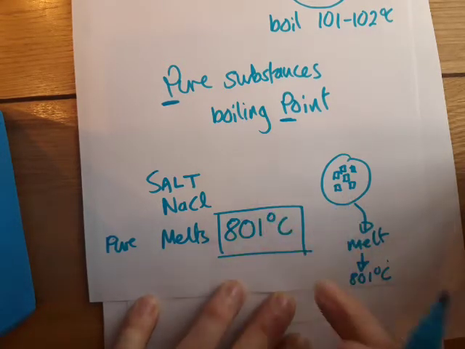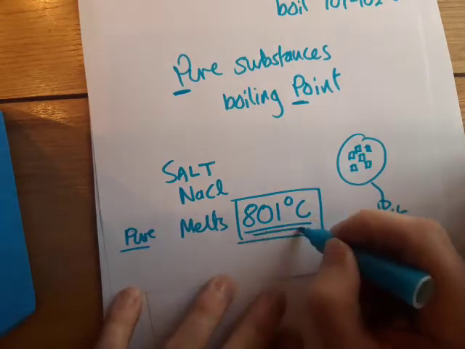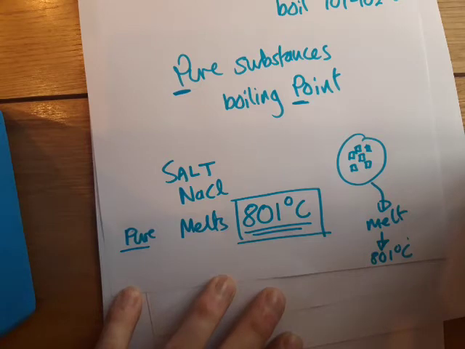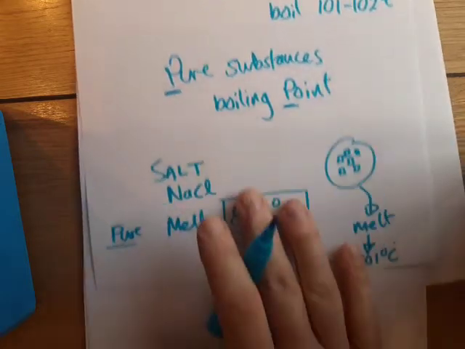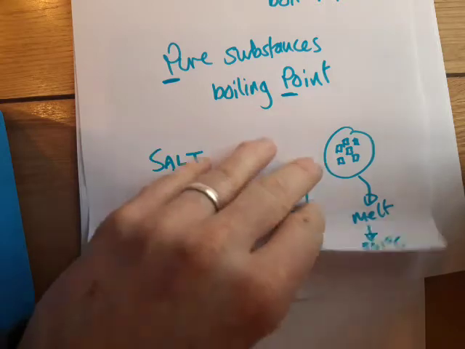I know exactly what it is. So pure substances have these fixed melting points. All right? So that's what pure means in terms of chemistry. Pure is when a substance is 100% pure. 100% water with nothing else mixed in. 100% salt with nothing else mixed in.